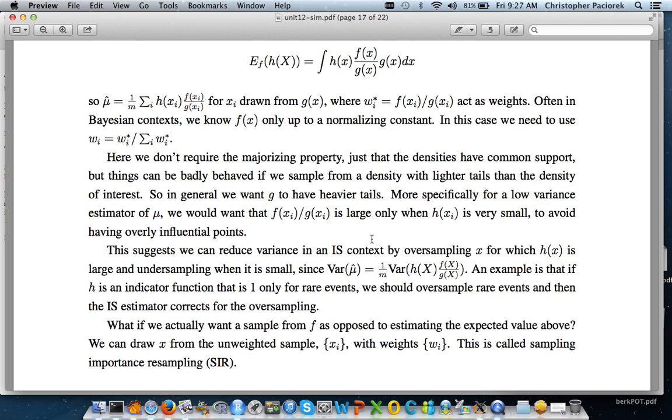Well, where h is bigger than in other places, I want to have g be big to cancel it out. What does that mean in terms of the picture? Where h is bigger than it is otherwise, I want g to be big relative to f, such that I cancel out the h. And that's going to give me a lower variance estimator if g is big where h is big, and f is big where h is small. Okay, so that's basically the picture that I've drawn here.